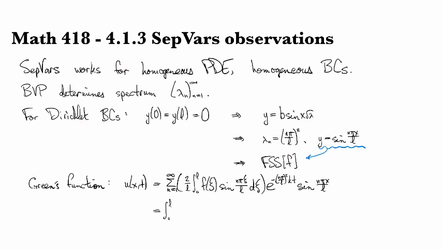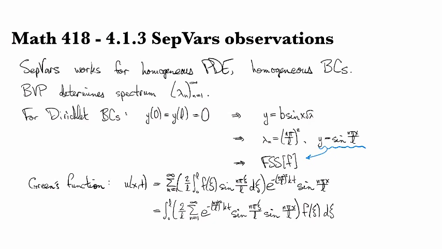So this is 0 to L, and then we'll have 2 over L times the series e to the minus (n pi over L) squared kt, sine of n pi xi over L times sine of n pi x over L. And this whole big mess is being integrated against f of xi with respect to d xi.